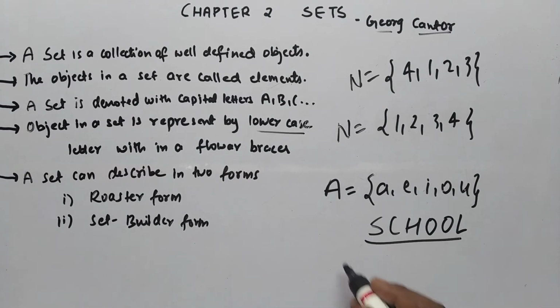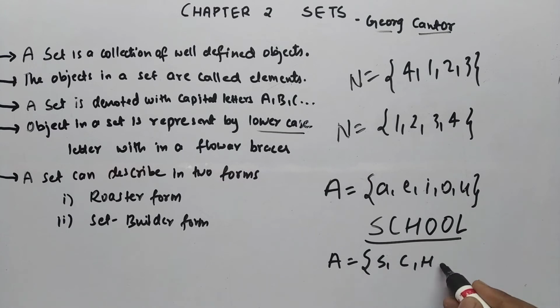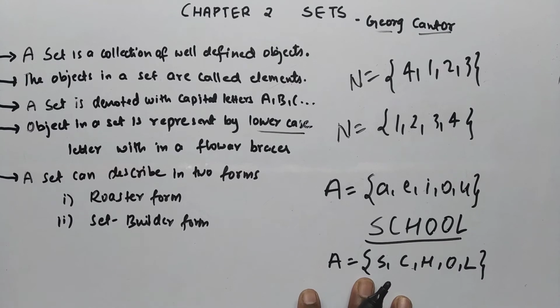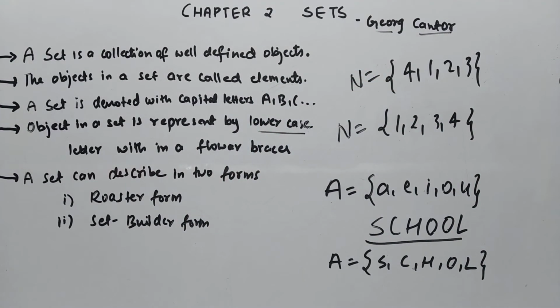So we represent it with a capital letter S as the set, with curly braces: S, C, H, O, L. Remember, the letters should not be repeated. I write O only once, because it is there twice in the word, but we need to represent it only once. This is how we represent the roster form. An object belonging to a set is known as a member or an element.